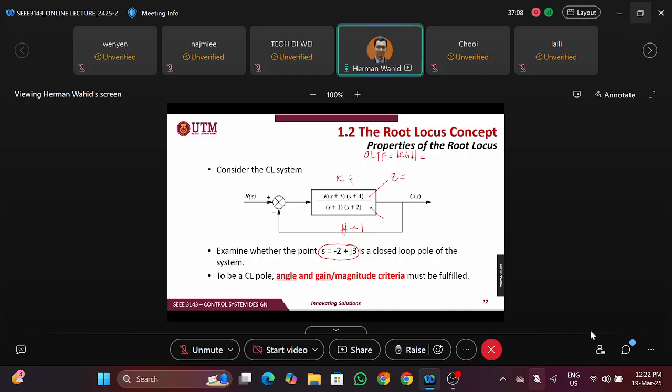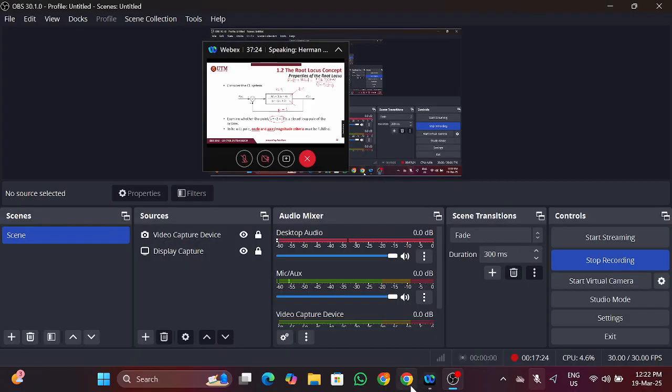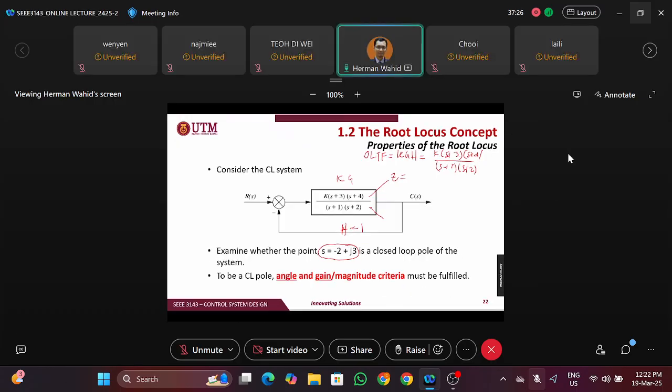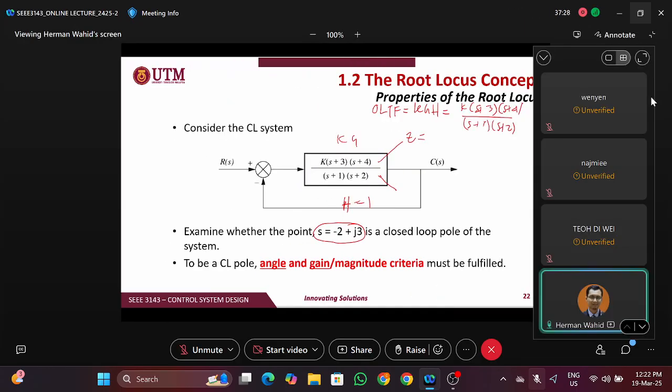In this case, because the H here is equal to 1, we still get the same thing. So in terms of the zeros, we can immediately know that the zeros are negative 3 and negative 4, and the poles are equal to negative 1 and negative 2.